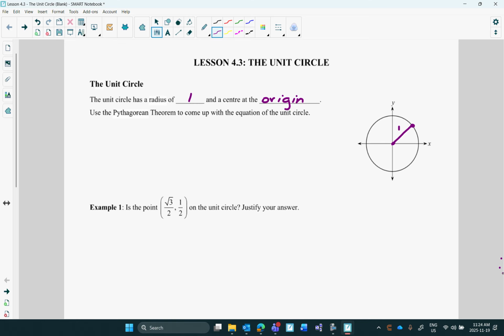So here's a point. I don't know what it is, so I'm going to call it x, y. I know that the radius is 1, so I'm going to make a right triangle using the radius 1, using the positive x-axis, and then drawing a vertical segment here.